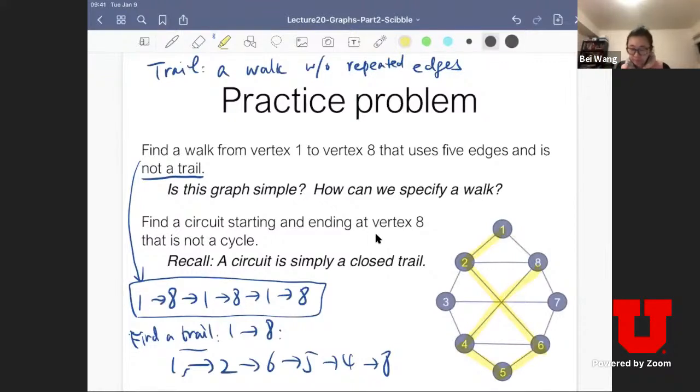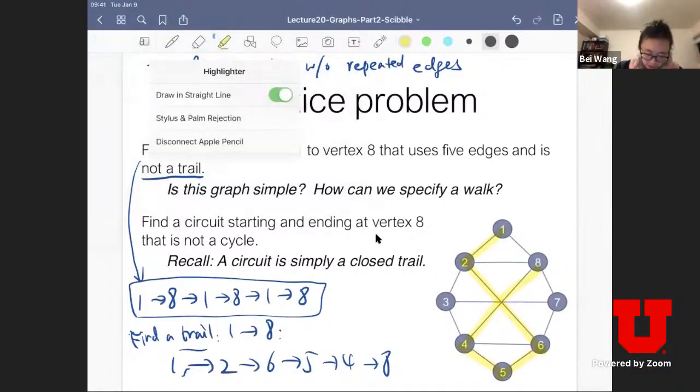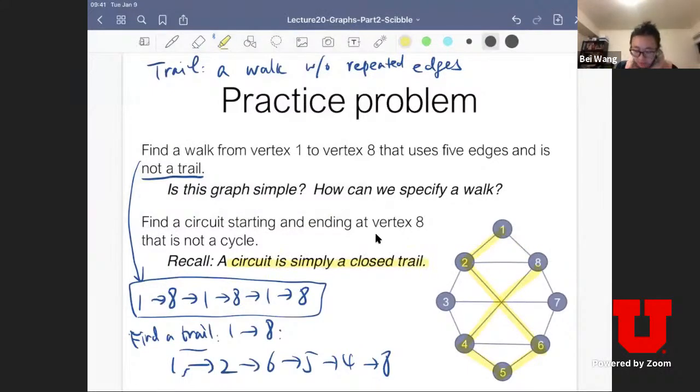Okay. Now, finally, we want to ask a question: can we find a circuit starting and ending at vertex 8 that is not a cycle? So recall the definition. A circuit is a closed trail, and a trail cannot have repeated edges, okay?